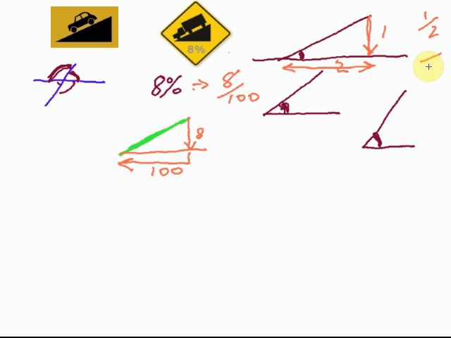So we multiply that by 50 and we get 100, and we multiply that 1 by 50 and we get 50. So that's 50%. So on that basis, that would be a 50% slope.